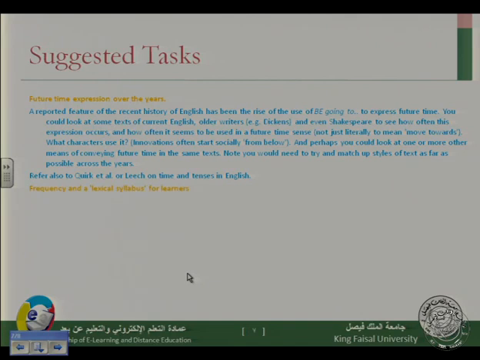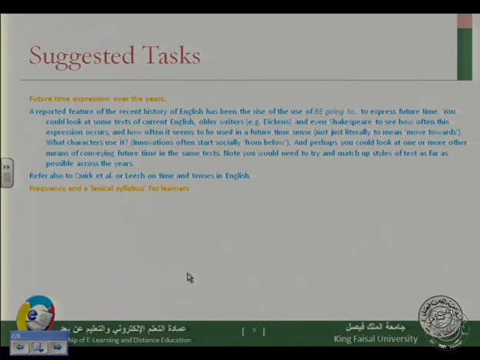Frequency and a lexical syllabus for learners. We talked about this many times. We said one way to use a corpus is to check the frequency of words, how many times a word is used.